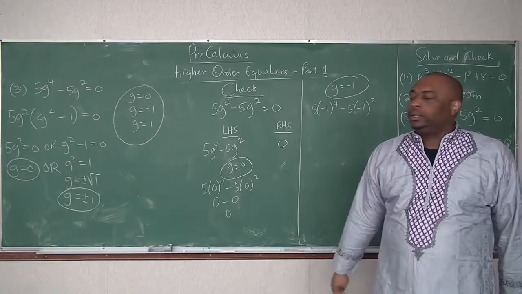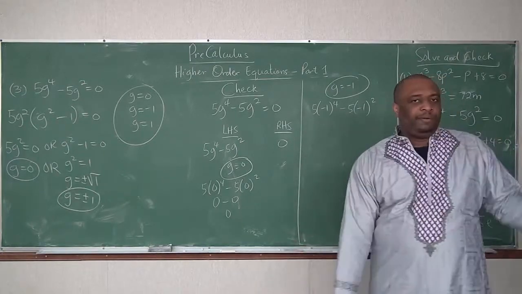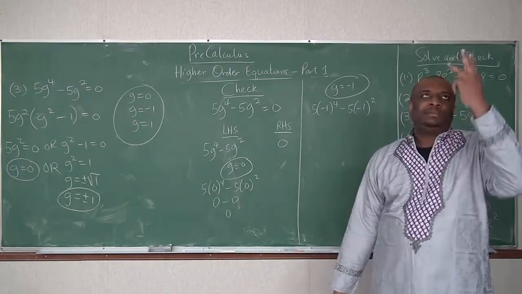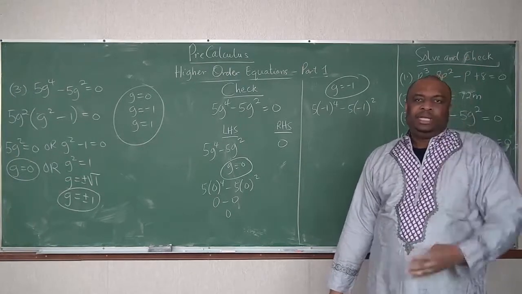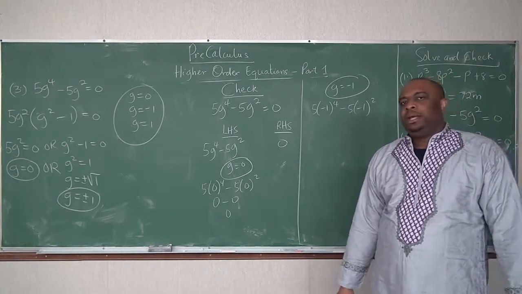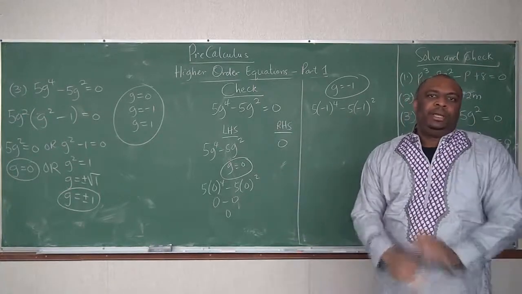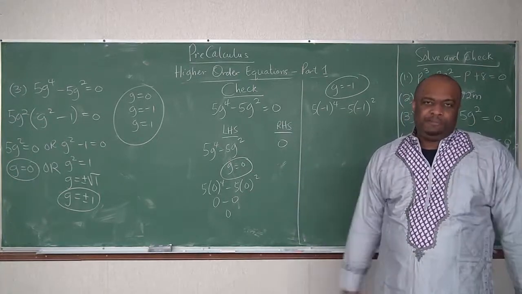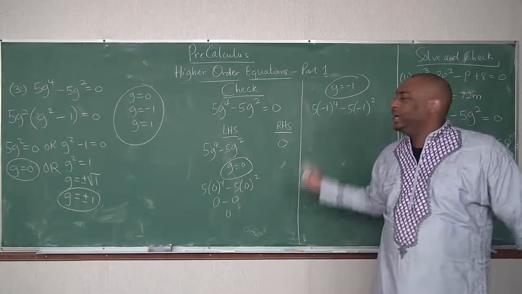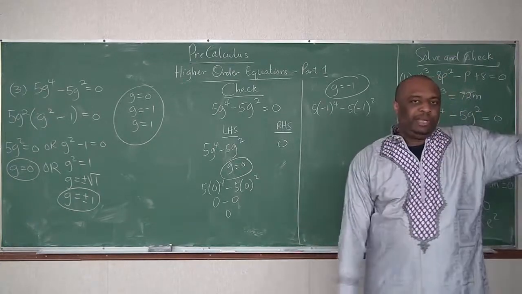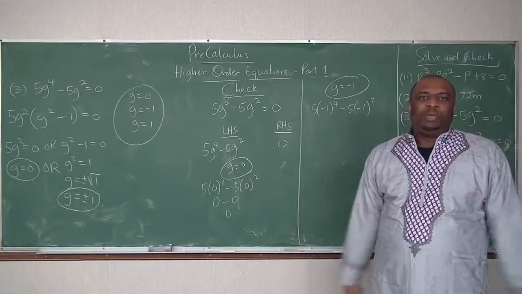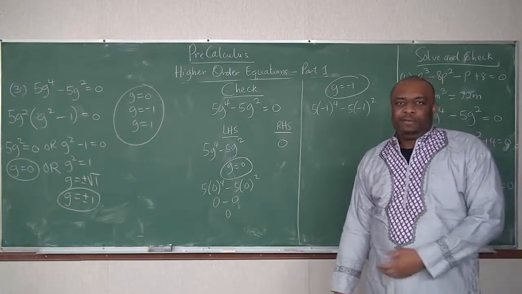So negative 1 to the exponent 4 is negative 1 times negative 1 times negative 1 times negative 1. It's going to give you 1. Now if you have a negative base raised to an odd exponent, it gives you a negative result. But a negative base raised to an even exponent will always give you a positive result.